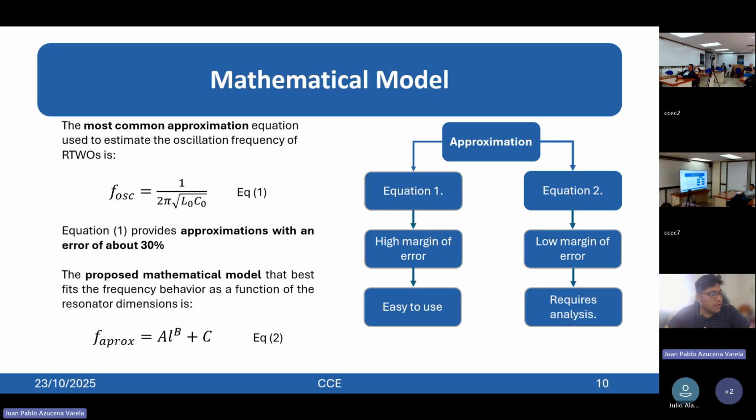To improve accuracy, we derive an alternative model, shown in equation number 2, which expresses the frequency as a power law that depends on the physical dimensions. This formulation significantly reduces the estimation error and better represents how geometry affects the oscillation behavior. The diagram on the right summarizes this comparison. The conventional model is simple but inaccurate, whereas the proposed model is more precise though it requires a more time-consuming geometric analysis.